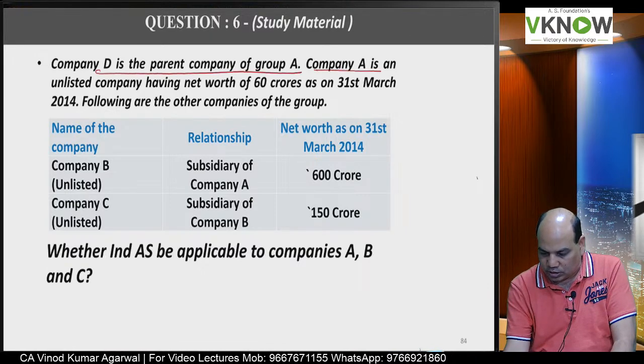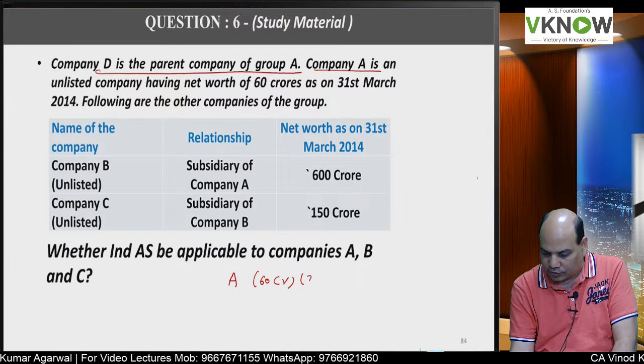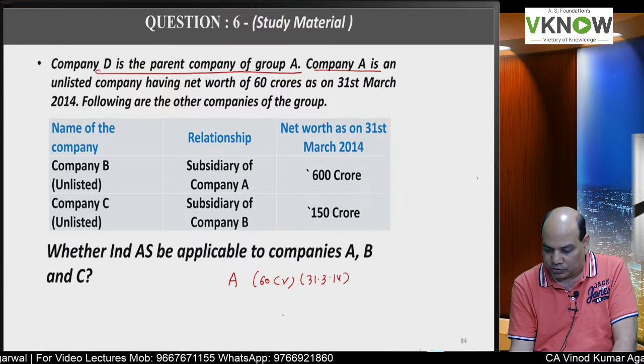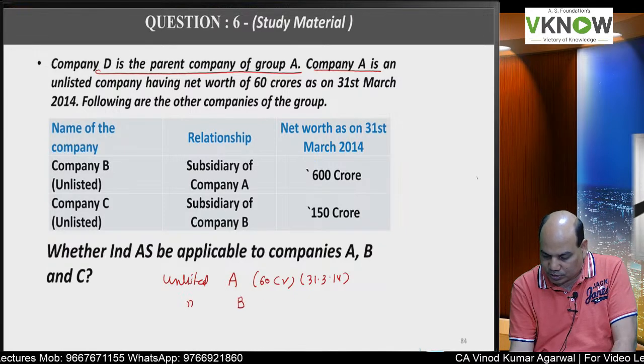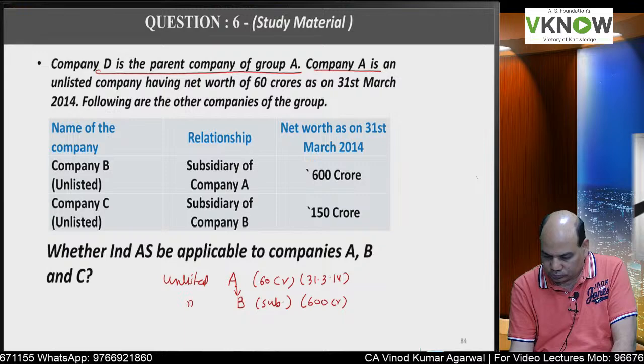A is an unlisted company having a net worth of 60 crore on 31st March 14. Following are the other companies of the group. Company B is also unlisted. It is a subsidiary of A, and its net worth is 600 crore.